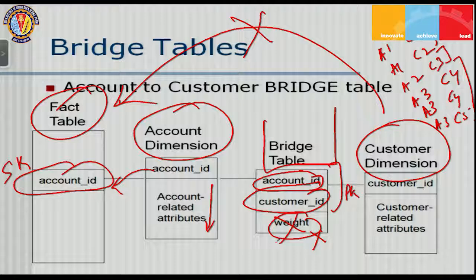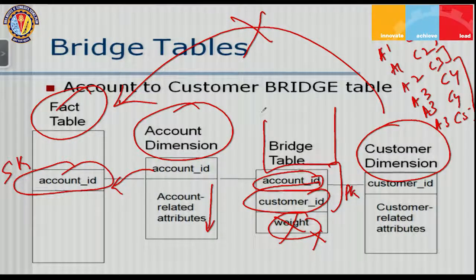So you can now see a customer can participate in multiple accounts, so that is possible through this bridge table between the bridge table and the customer. And an account can have multiple customers, so that is captured in this bridge table, right?